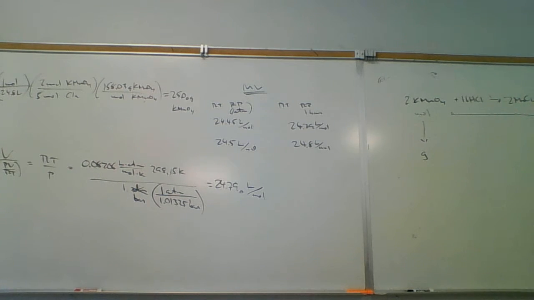Therefore, there's going to be more to it than that. 32 is the old STP. This is the old 0 degrees C, 1 atmosphere. Old STP. I'm going to skip 32.